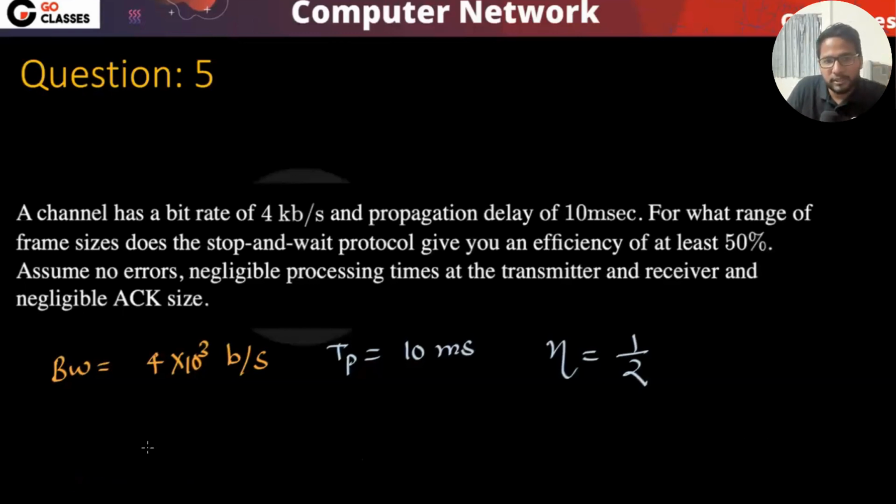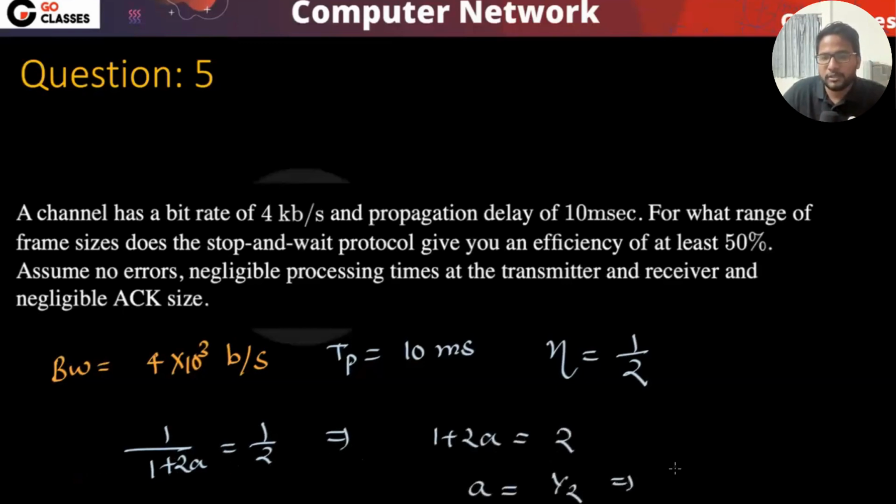So you can say that 1 upon 1 plus 2a is 1 upon 2, which means 1 plus 2a is 2, which means a is 1 by 2, which means TP upon TT is 1/2. So TT is 2 into TP. And from here we can find that length should be 2 into TP into bandwidth. Right?